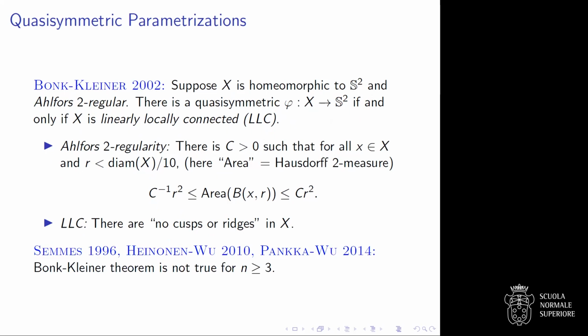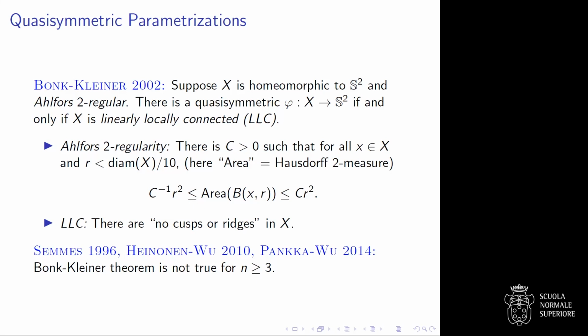A counterexample was already provided by Stephen Semmes in '96 in dimension 3, and Juha Heinonen and Jang-Mei Wu in all dimensions, and then Pekka Pankka and Jang-Mei Wu gave a wide class of examples in all dimensions of spaces that are geometrically nice but do not admit any quasi-symmetric parameterizations.